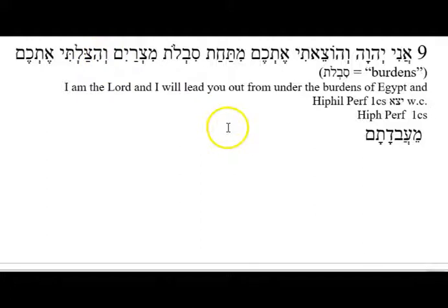And then what verb are we looking at? Well, we only have two letters left of whatever verb it is, right? It's not going to be a first yod verb because then we'd expect a whole vav here. Something's missing off the front of this verb though, and this little dagesh is our clue because that's an assimilated nun. So this started out as a verb that had a nun at the beginning. So this verb is natsal.